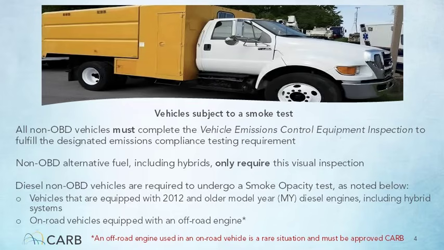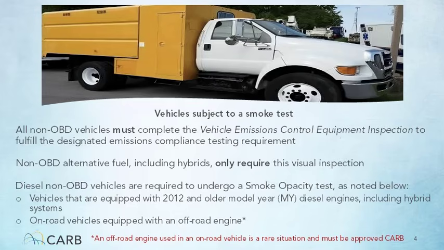A smoke opacity test is required to be performed on a heavy-duty diesel vehicle that does not have an onboard diagnostic or OBD system. These vehicles fall into two categories. The first category are vehicles equipped with a 2012 model year and older diesel engine or diesel hybrid systems.